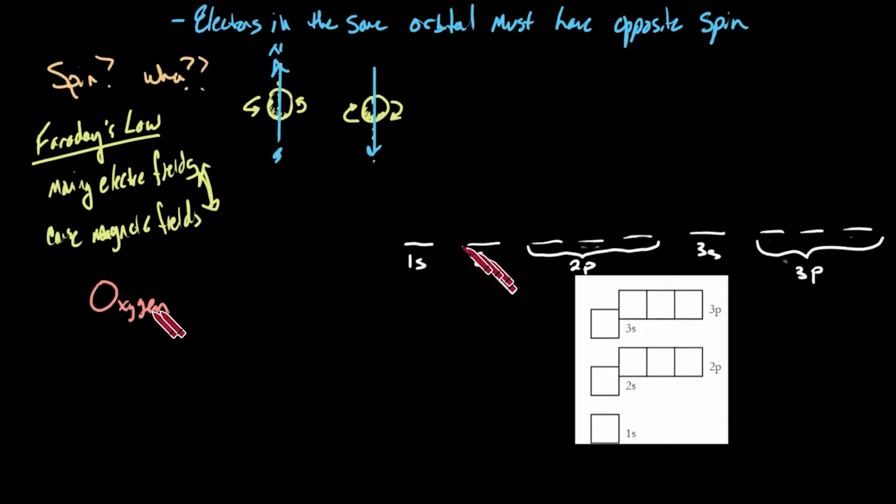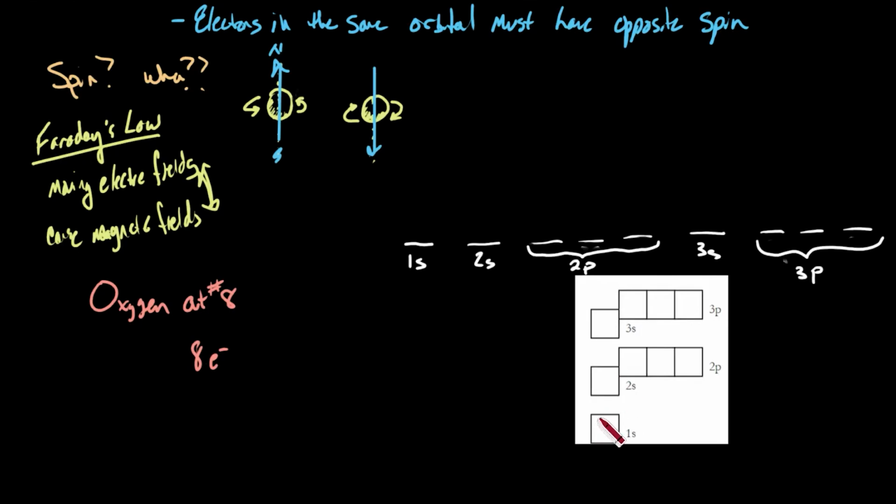Okay, so for oxygen, we're going to fill out our electrons and we're going to create our address. So oxygen is atomic number 8. Therefore, we have 8 electrons. So according to the aufbau principle, we start at the lowest energy level for our first electron.